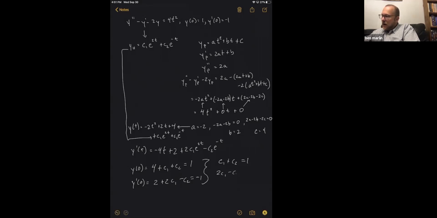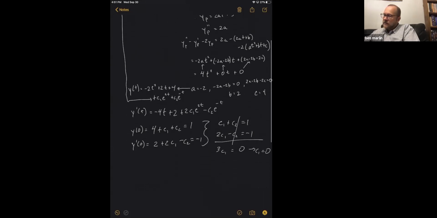2c1 minus c2 equals negative 1, right? And if you want to do substitution, have a field day, but I'm going to get finished faster because I'm going to add those together and have 3c1 needs to be equal to 0. c1 has to be 0.